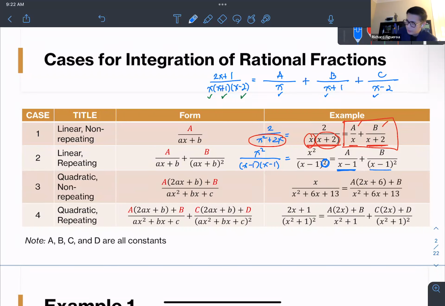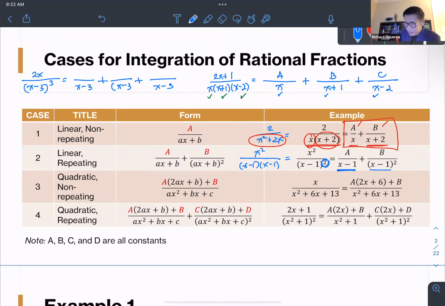For example, if I have 2x all over x minus 3 raised to 3, again, this is linear, but it repeats 3 times. Since it repeats 3 times, I'm going to write x minus 3 three times. But I need to differentiate one from the other.